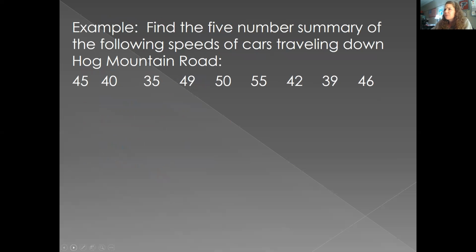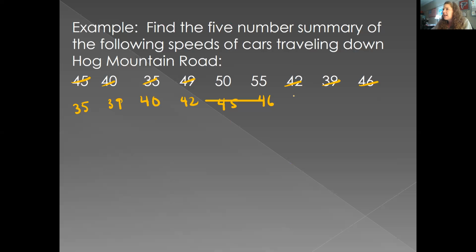So the first thing we're going to do is put these numbers in numerical order. So I see a 35. I see a 39. I see a 40. I see a 42. I see a 45. I see a 46.